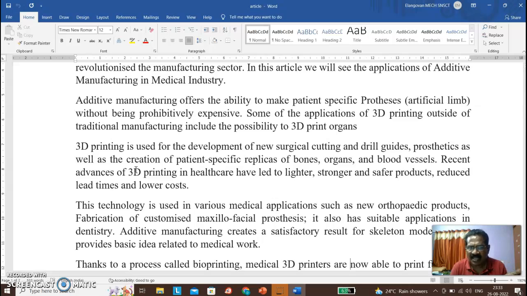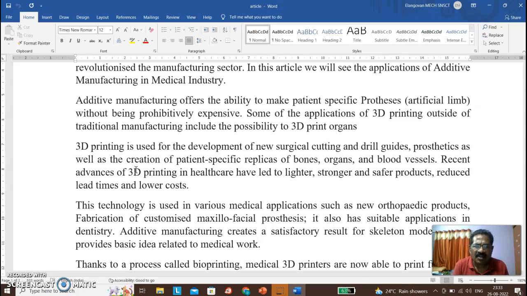These are generally scanned, and from the scanning they are converted into a solid model. From the solid model, again, it goes into manufacturing, forward engineering.